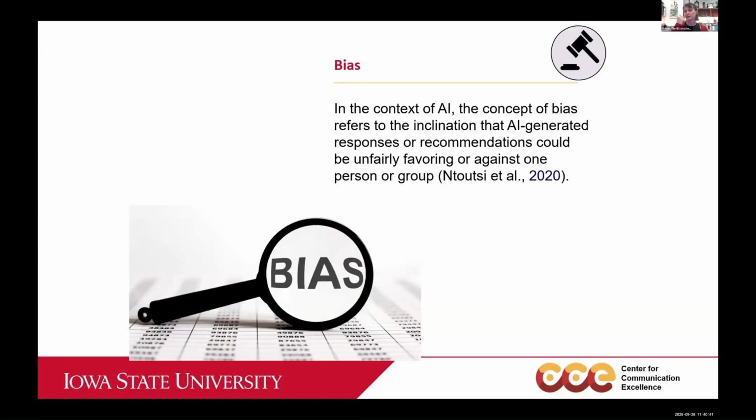So let's talk about bias. In the context of artificial intelligence, the concept of bias refers to any inclination that AI-generated responses or recommendations could unfairly favor or go against one person or group. That's the social AI bias. This has to do with bias in the training data.